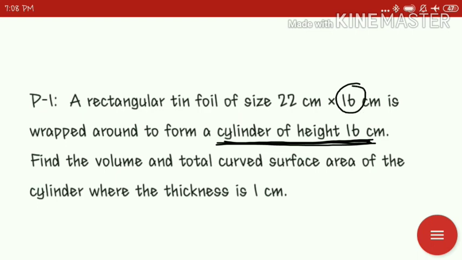So we have taken the length part, the 22 centimeter, to form the base. How? I'm going to show you in my solution by a diagram, and until then just pause the video and try to do it by yourself.